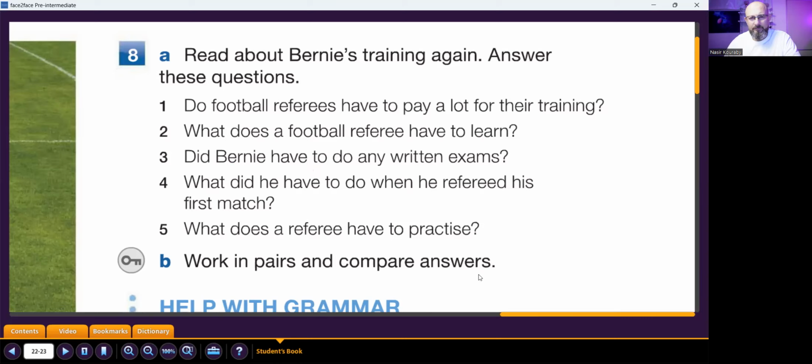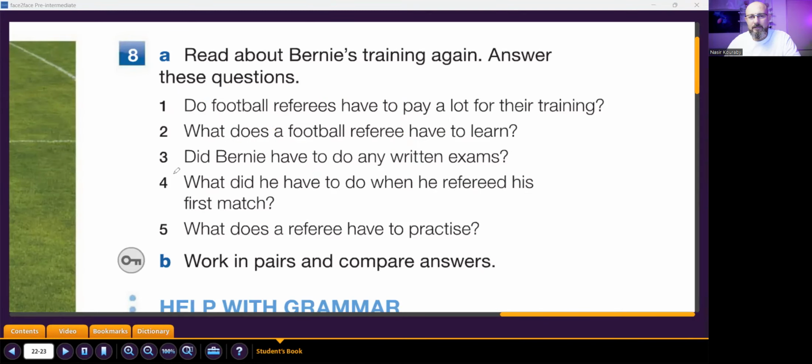So you look here, you say, do football referees have to pay? This is a yes/no question, start with do. After football referees, this is the subject, then have to, after that, infinitive. What about if we have a question word? Question word, after that the auxiliary, subject, and here we have to.